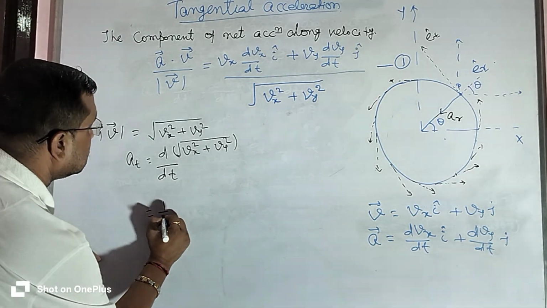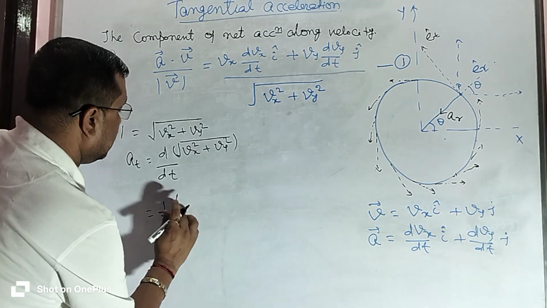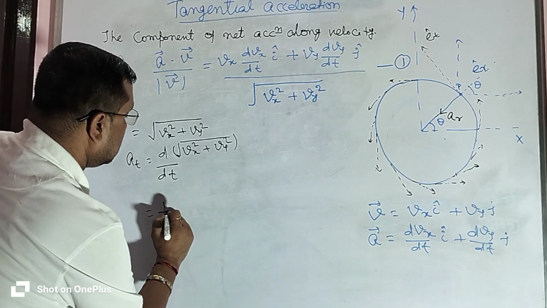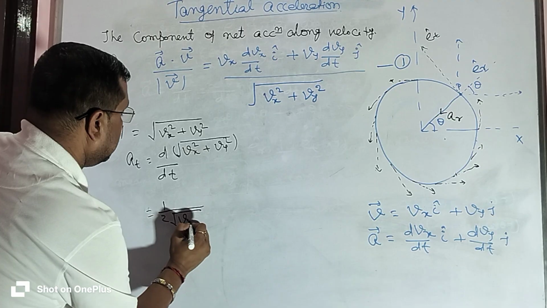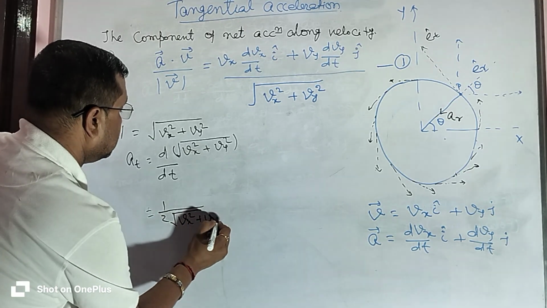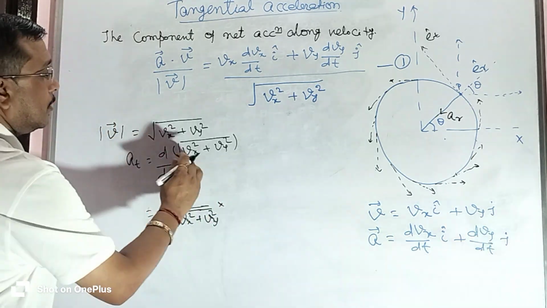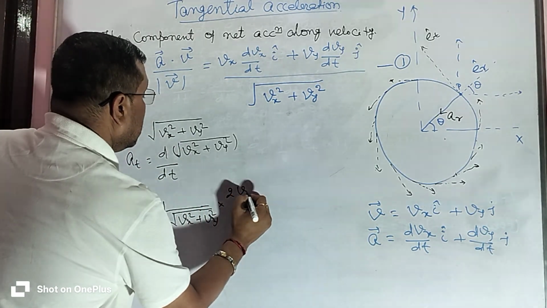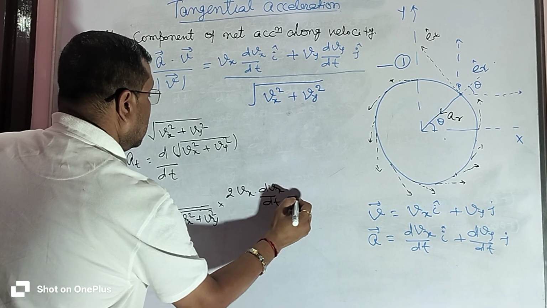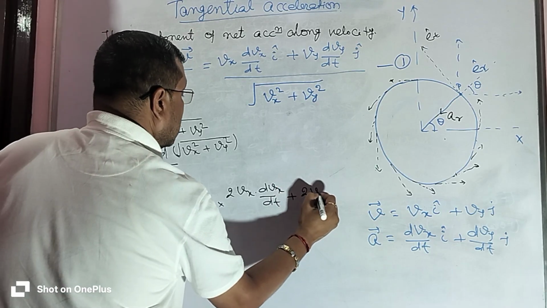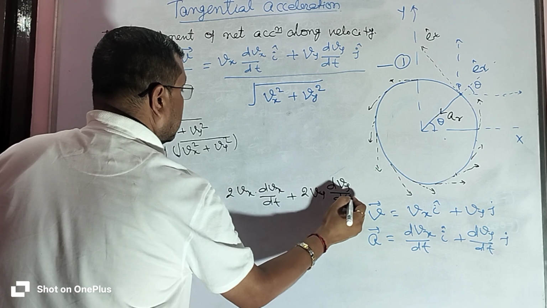What will this be? 1 by 2, into 1 by under root Vx square plus Vy square, into 2 Vx dvx by dt plus 2 Vy dvy by dt.